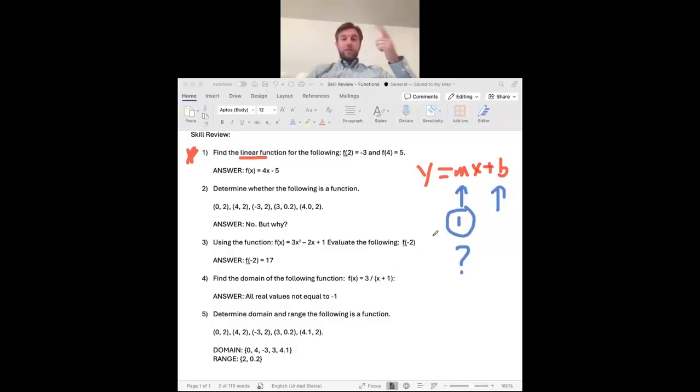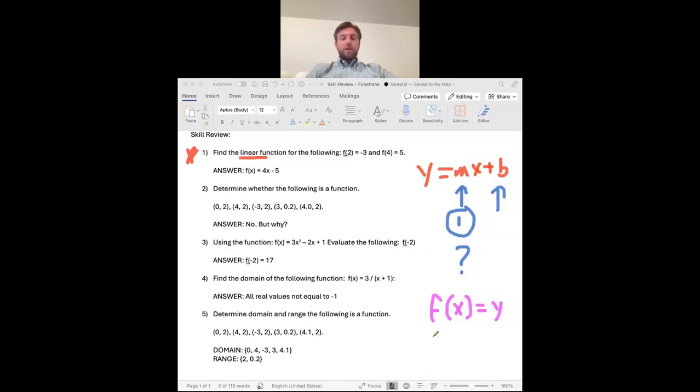And that's what I'm asking you. I'm asking you to take that and also pair it with your function stuff. What are the two ordered pairs? Remember, functions are of the form f of x equals y.